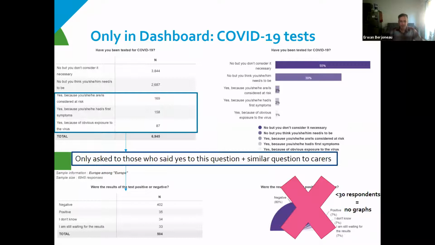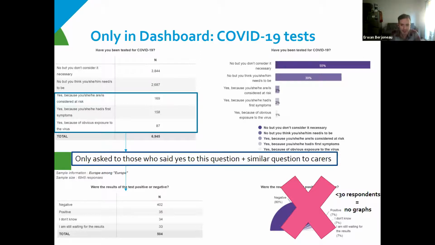Now, this is another example of what you can see that is not in the infographics. We asked a set of questions on the COVID-19 testing, like where people get tested, yes or no. And so you see that we have this first question, have you been tested for COVID-19? And the very vast majority said no, they didn't, not necessarily because they didn't want to, but because they couldn't as well.